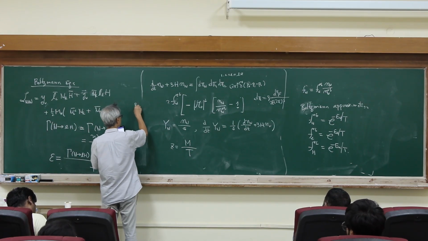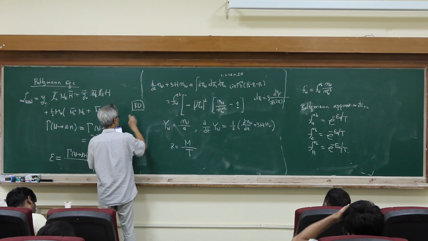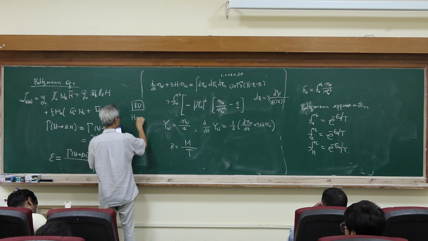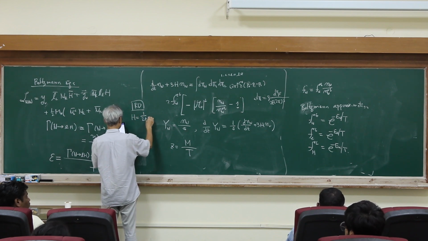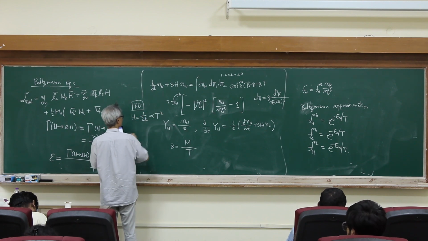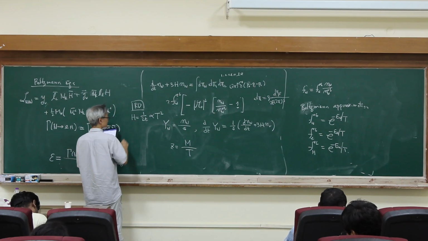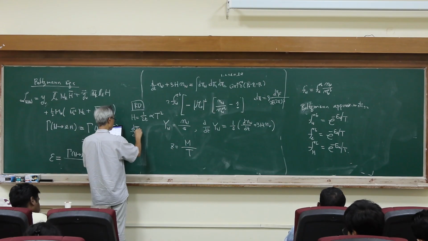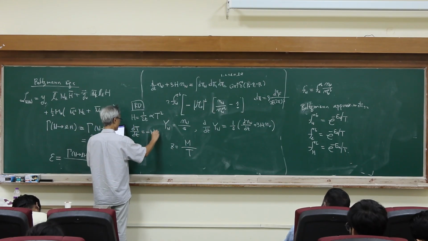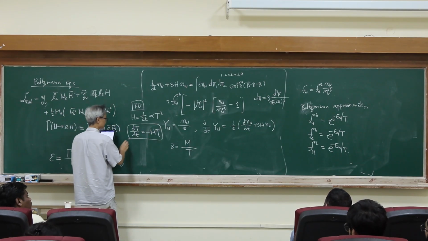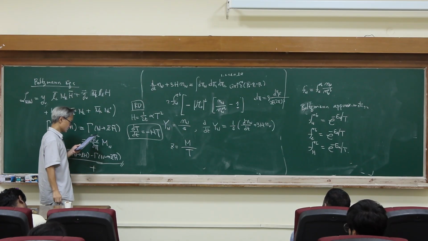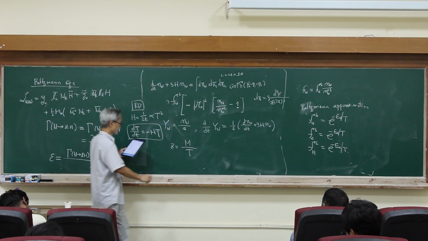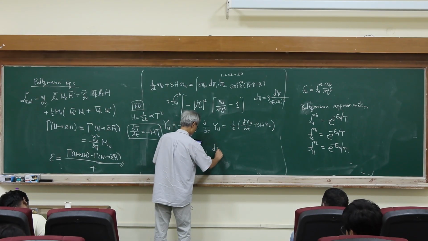How? We are working in mostly radiation domination. So the Hubble parameter is 1/(2t), and this is a useful conversion relation between time and temperature, and then dz.